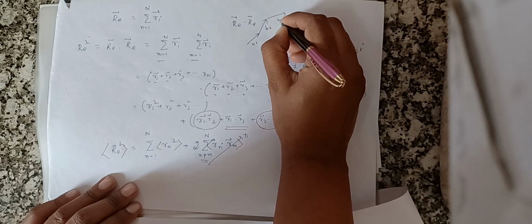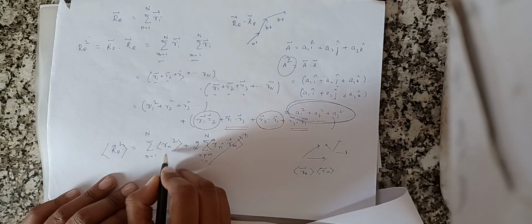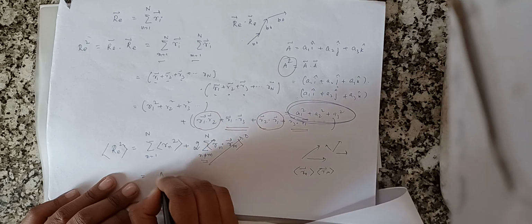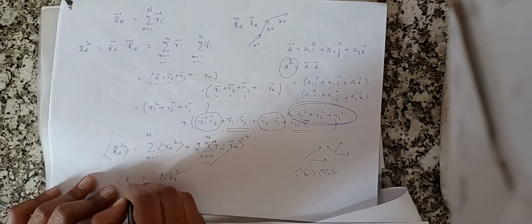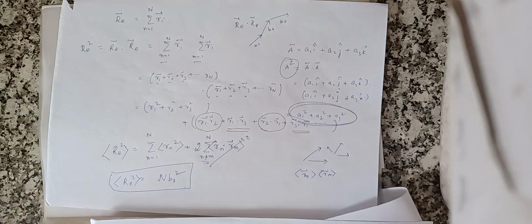So you are summing up B0 square how many times? N times. So we sum it up, that gives me N times B0 square, and that is how you arrive at the solution. Okay, I hope you are able to do this. Try it out once and let me know if you still have some doubts.